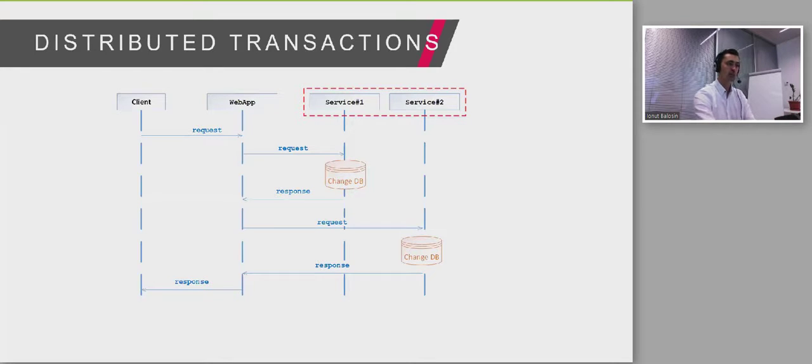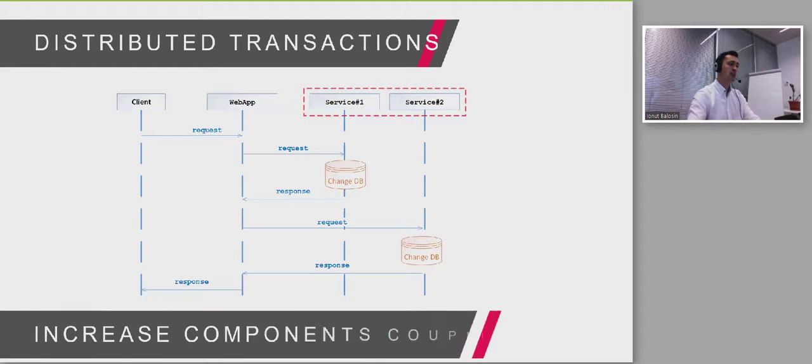That's why, in our environment, we try to get rid as much as we can of these distributed transactions, because they create coupling across services, across components.